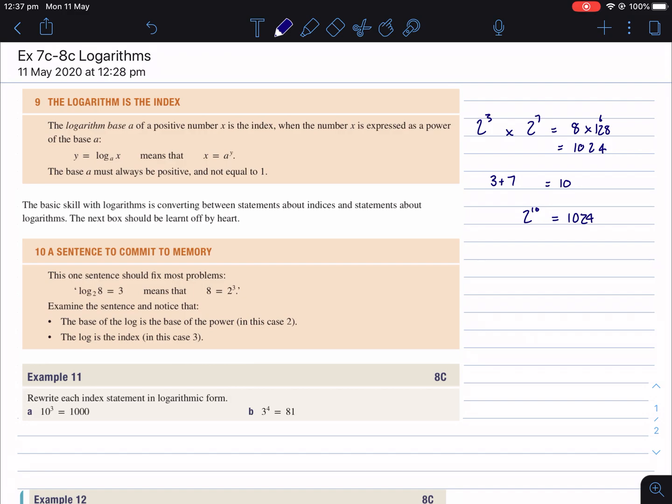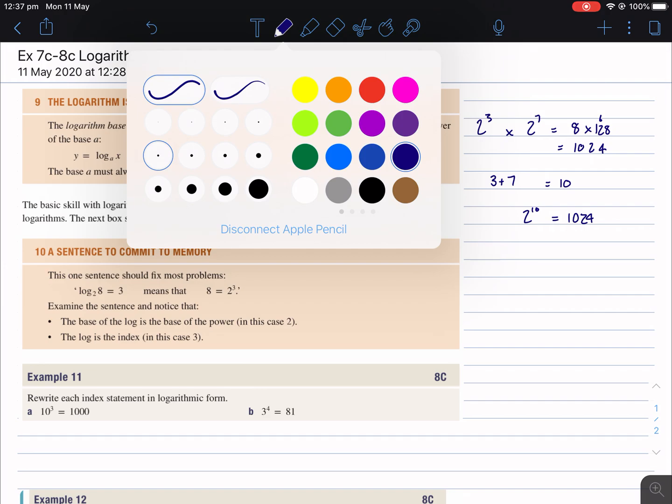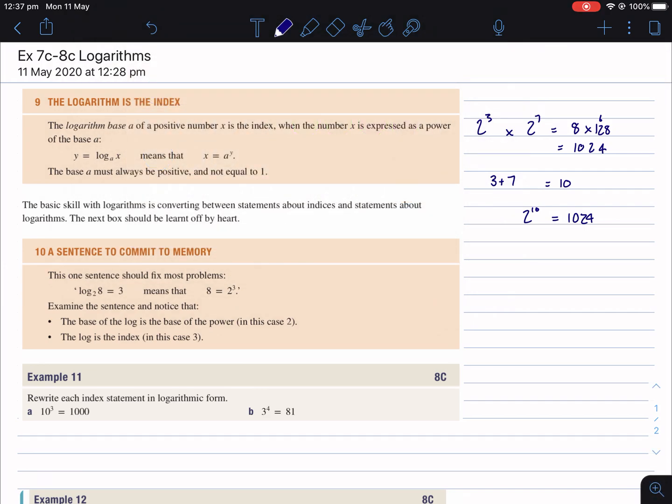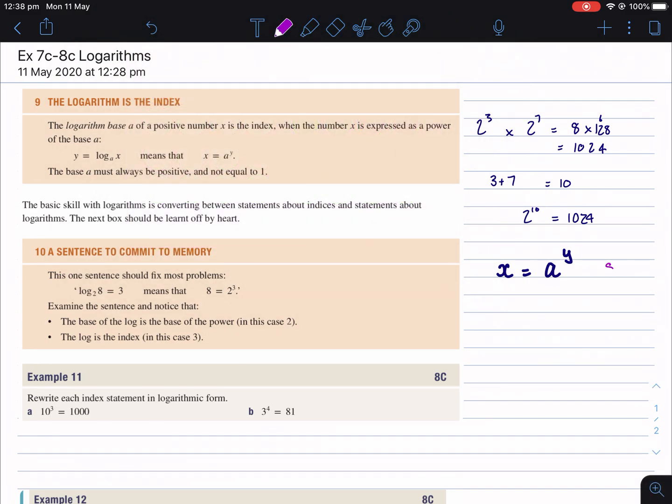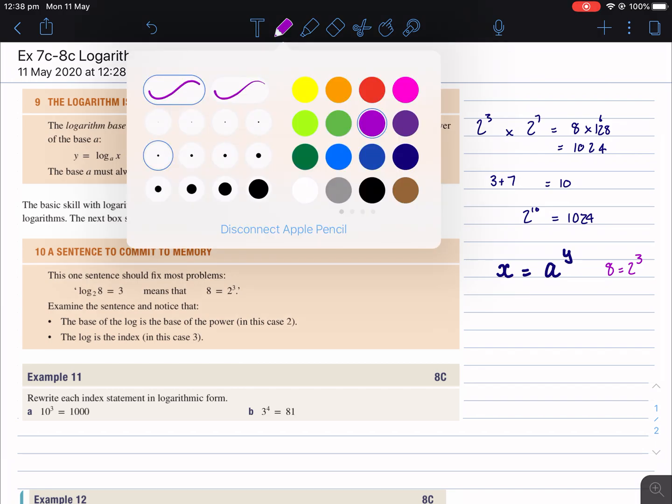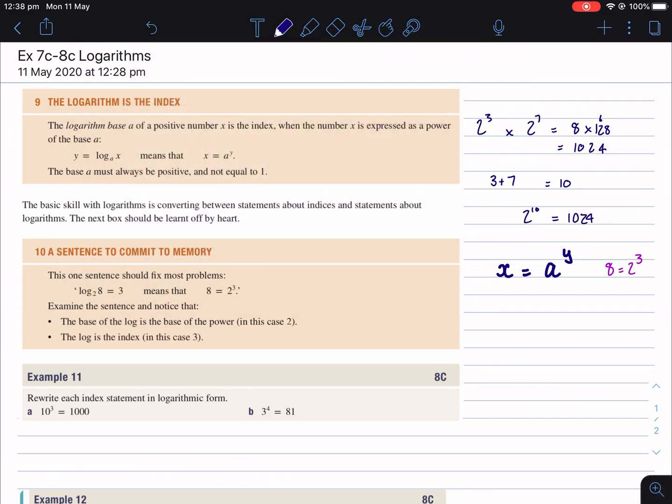And the main thing to remember is, if I have x equals a to the y, so for example, 8 equals 2 to the 3, then if you wanted to find out y, it's the log base a of x.